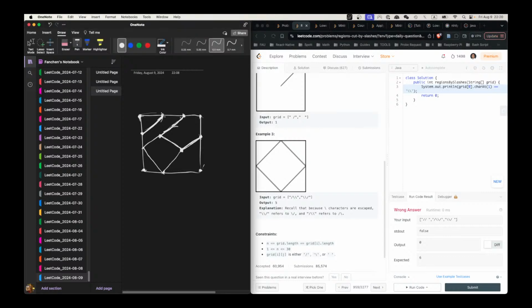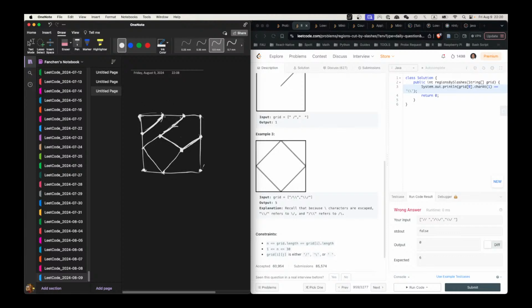I can go from here, go this way, go this way, but technically if you do that, you are covering something that was there before. So what we're trying to find is the cycle, right? That's what we're trying to find. We're trying to find a cycle.